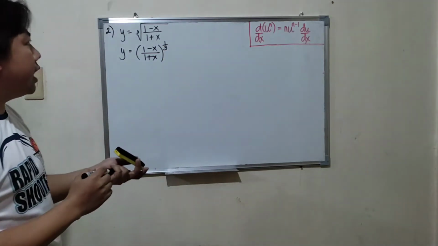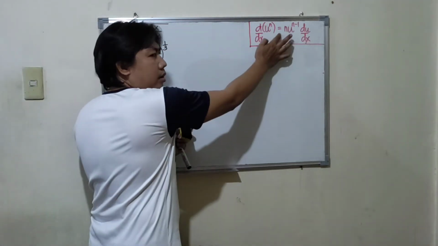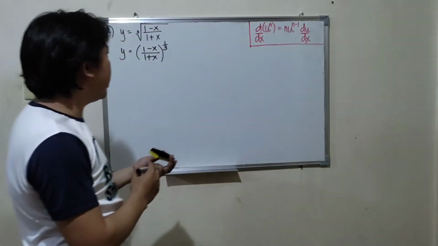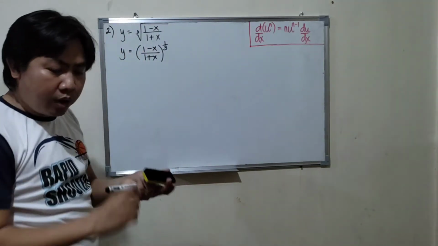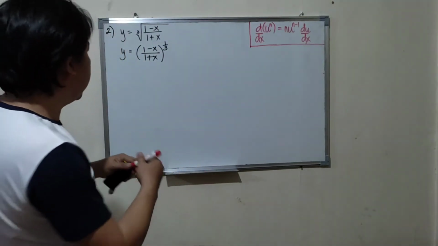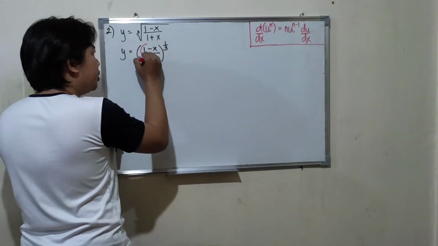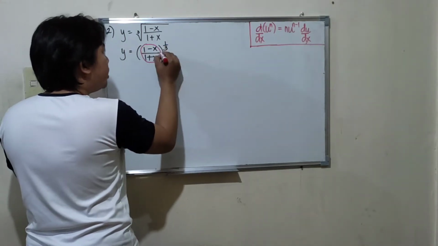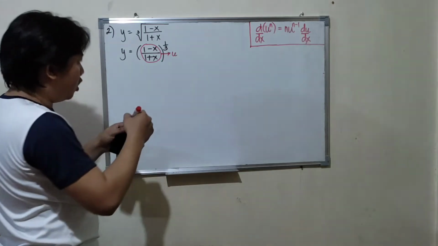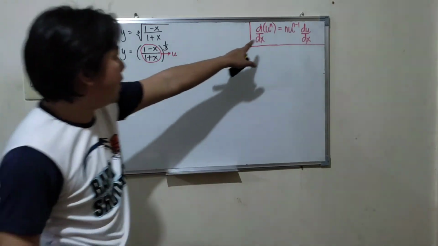So now we can use this formula, the power rule. So in this example, our u is this term. So this is our u, 1 minus x over 1 plus x. So apply this.